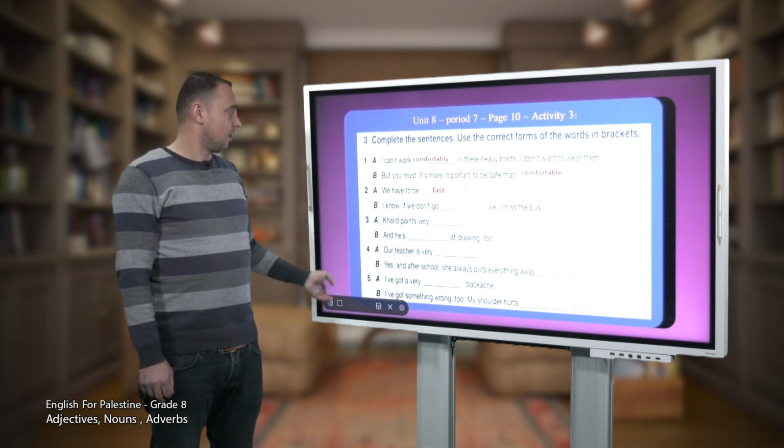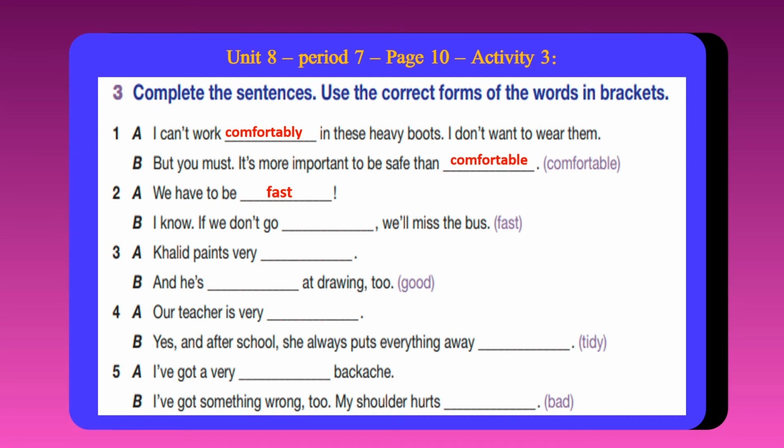So, fast. B, I know if we didn't go, we'll miss the bus. Fast here. The correct form of fast is adjective or adverb? Adverb, why? Because the verb go should be followed by an adverb. So, fast. I know if we didn't go fast, we will miss the bus.